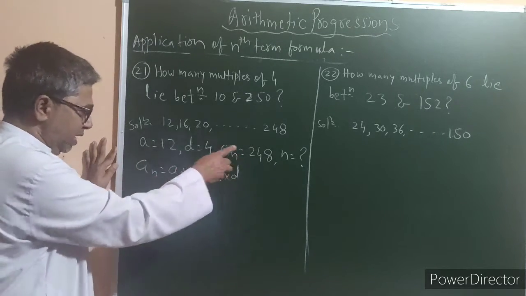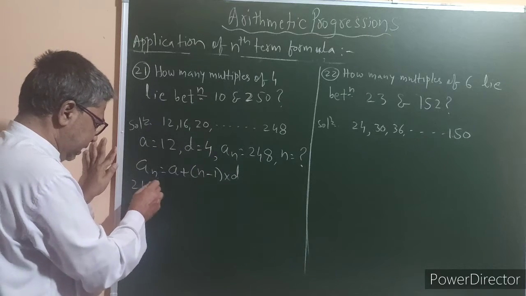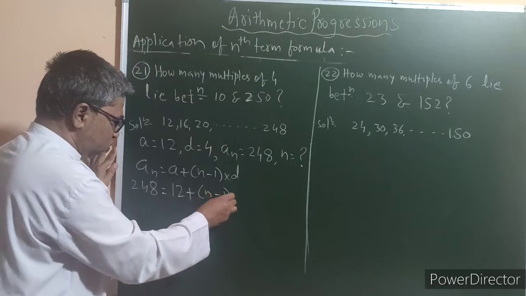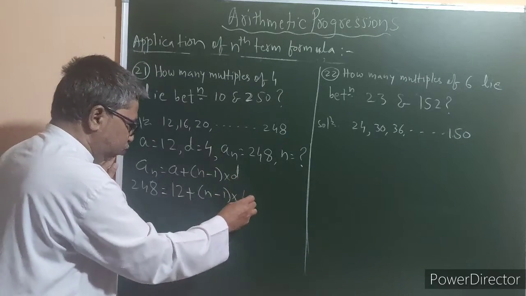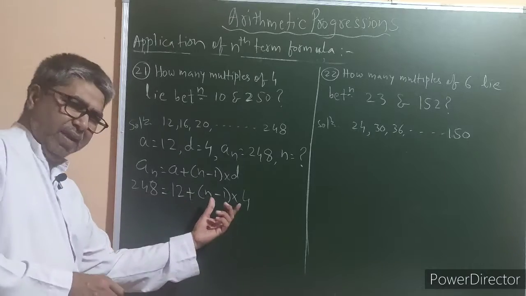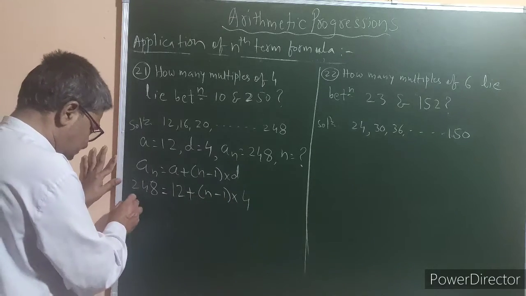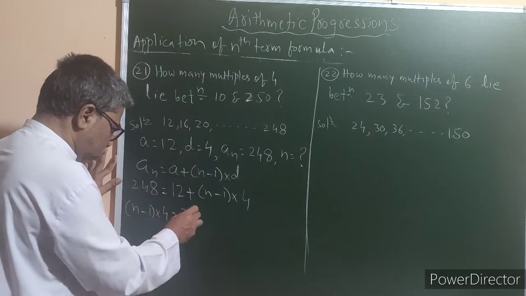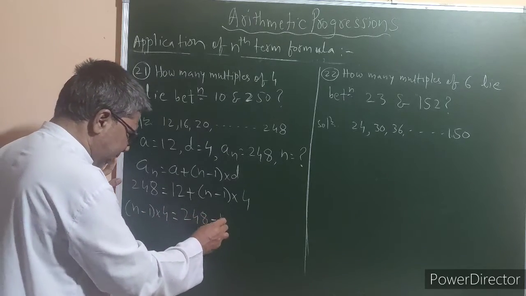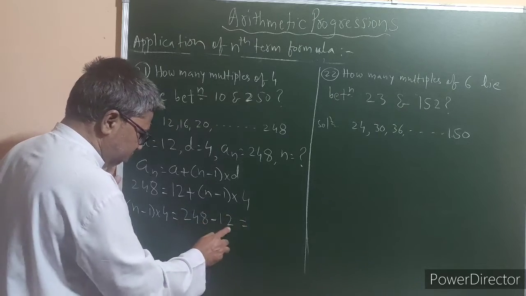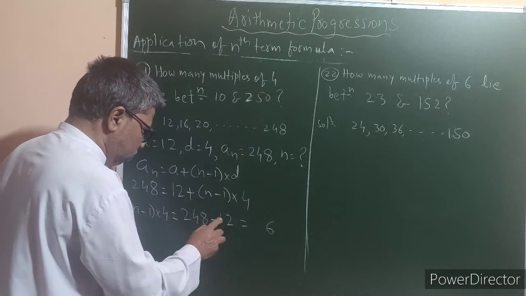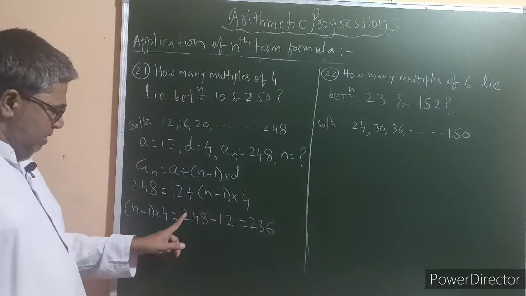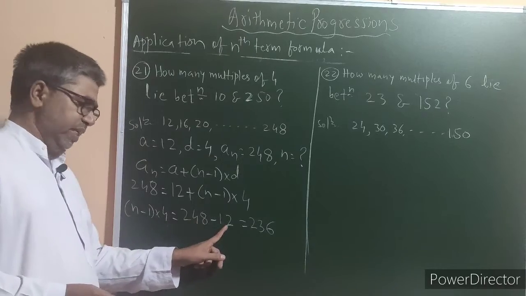The value of an is 248, the value of a is 12, plus n minus 1 into d, which is 4. In the next step, n minus 1 into 4 is shifted to the LHS. n minus 1 multiplied by 4 is equal to 248 minus 12, which is 236, the difference of 248 and 12.